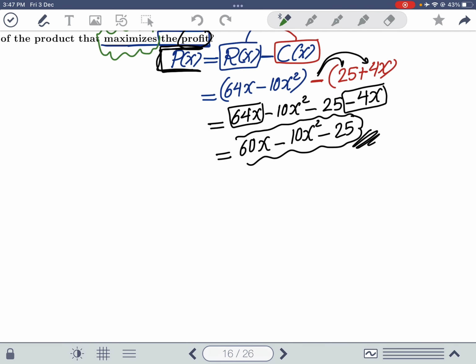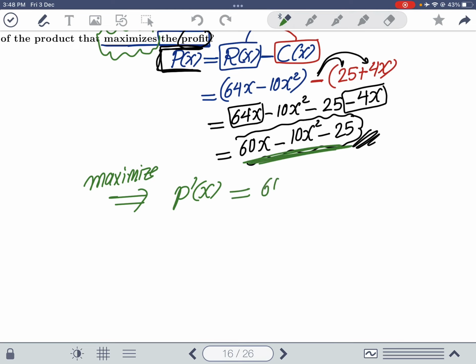Maximizing implies immediately you need to take the derivative. So this is to maximize it. Take the derivative, and now the derivative of this parabola is a line. It's just 60 minus 2 times 10 is 20x minus 25, the derivative is 0. So we don't have to write it. This here is the derivative. It's so simple.